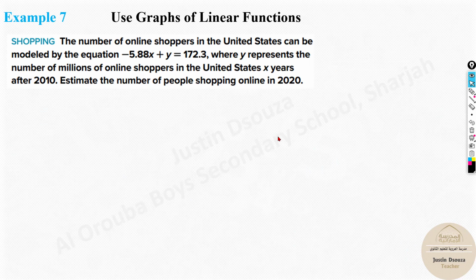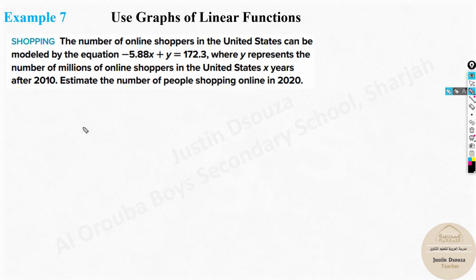And now we have another real world problem. We'll quickly look into this. The number of online shoppers in the United States can be modeled by the equation which is given to us, where y represents the number of millions of online shoppers in the United States, x years after 2010. Estimate the people shopping online in 2020. Okay, so they want mainly how many shoppers will be shopping in 2020.